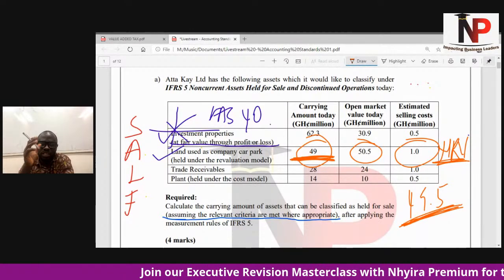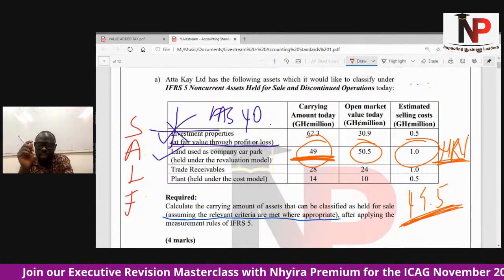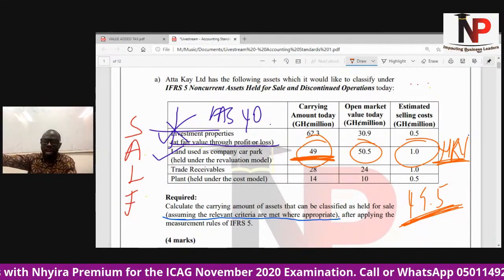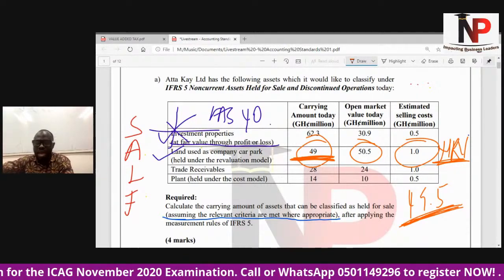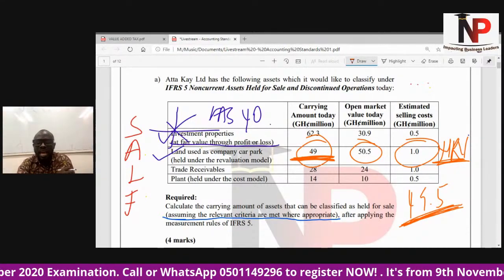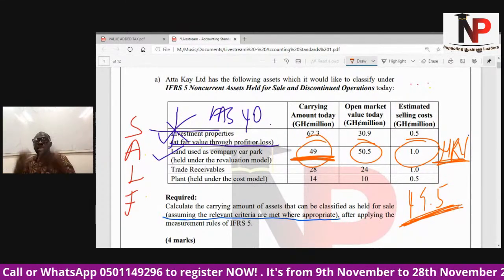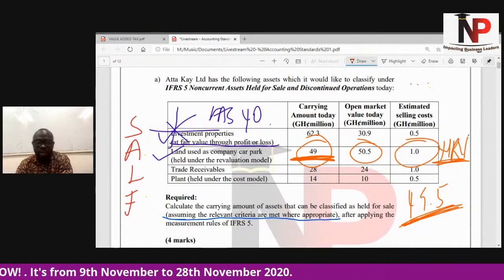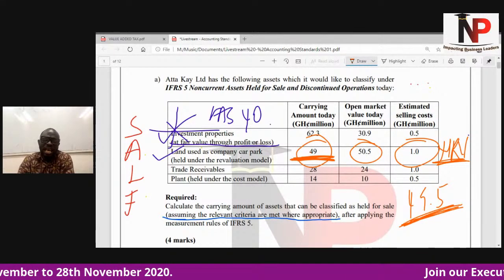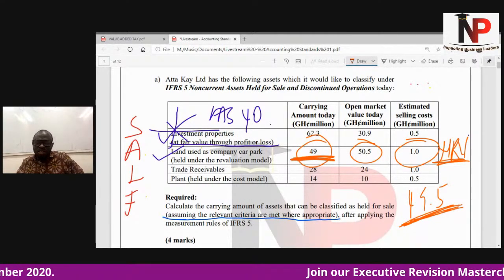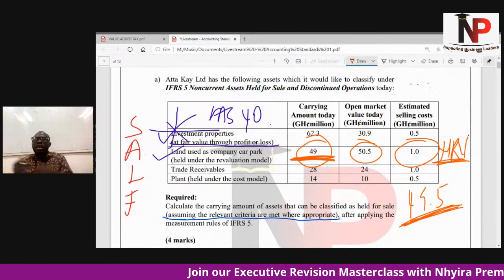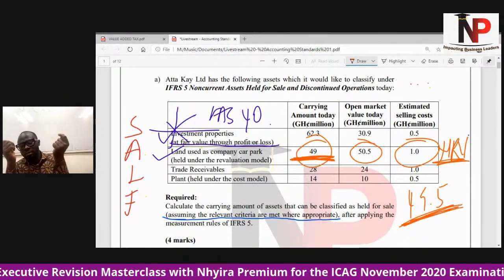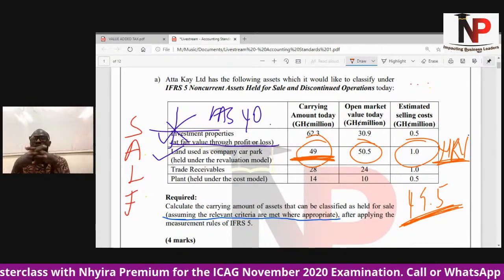Remember the requirement of the question says calculate the carrying amount of assets that can be classified as held for sale, assuming the relevant criteria are met where appropriate. Since the land is held under the fair value model and the company is currently using it as a car park, possibly they have an intention of selling it. That is why they are carrying it at fair value, so that if the money comes in, they can dispose of it.